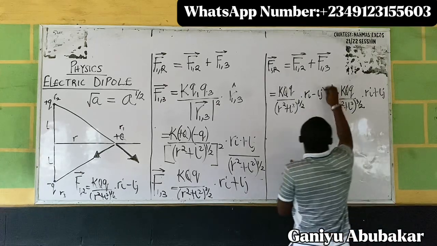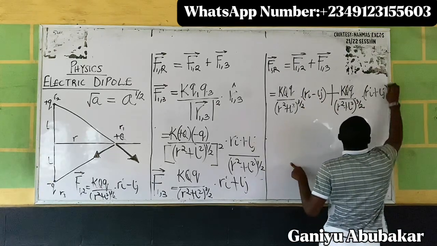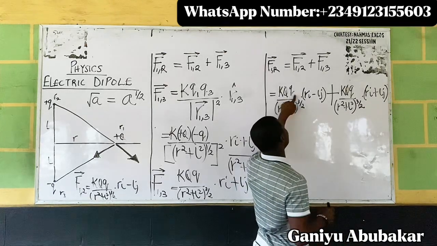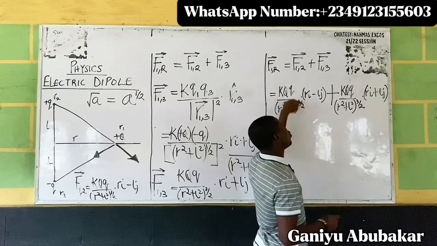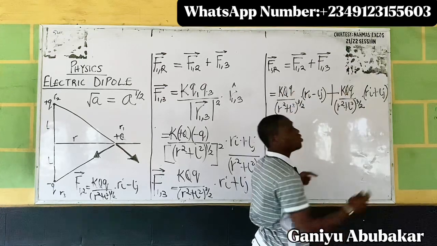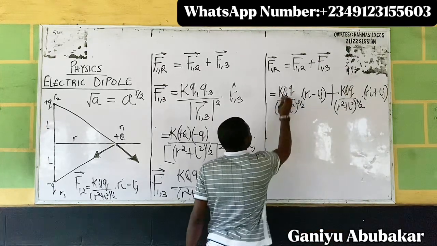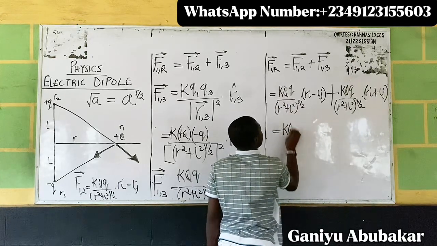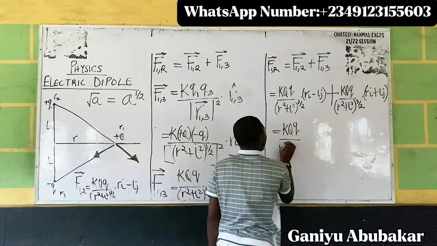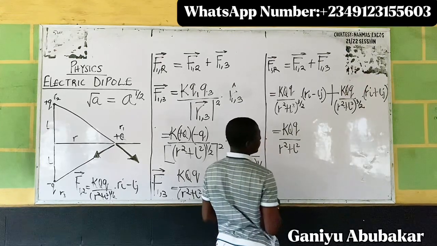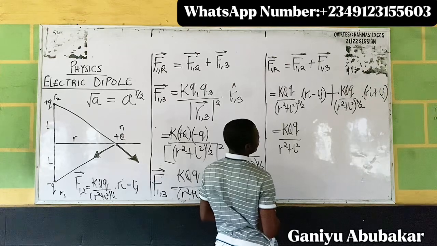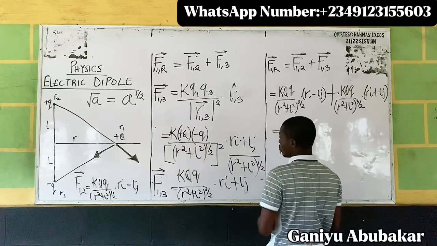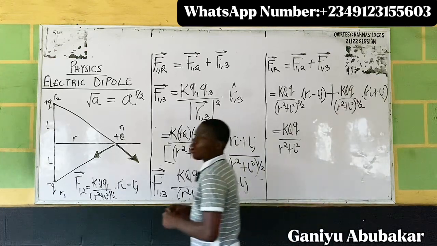Now the next priority here is to observe something please. In these two expressions, something is common. That's kqq all over r squared plus l squared to power 3 over 2. This one and this are common. Bring it out. I'll have that k. This is not equal to kqq all over r squared plus l squared. As you can see, look up please.